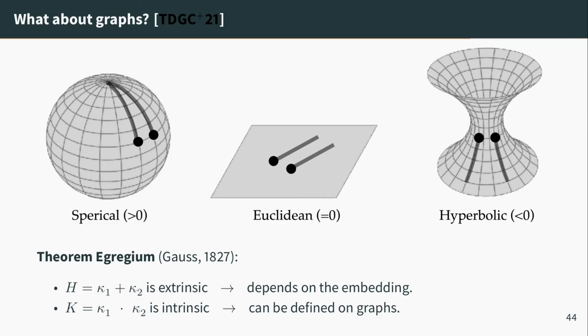But then if you fold this sheet of paper without tearing it or anything, you see that kappa 1 is going to be positive, and kappa 2 is going to stay null. So kappa 1 plus kappa 2 is going to change, even though you have not really distorted the shape. You have just changed the way in which your sheet of paper is embedded in 3D space. So with this theorem, you understand that the mean curvature is really a 3D object. So it's not something that you can hope to generalize on graphs.